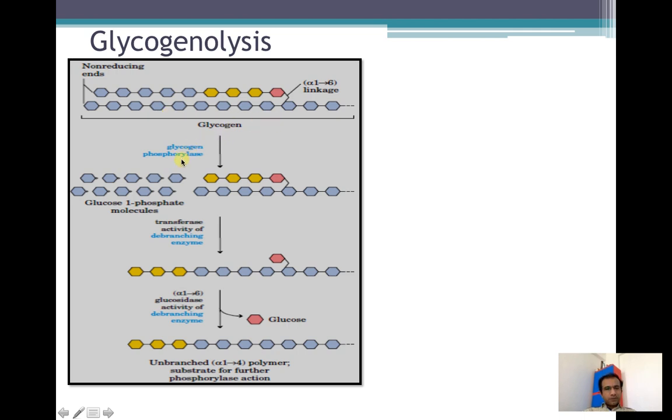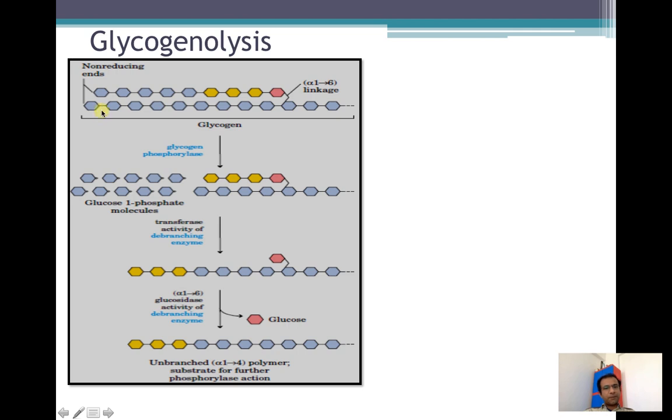Now glycogen phosphorylase will start to act. Where will it act? It will act on the free end of glycogen, on the chain form as well as on the branch. It will start with the end glucose molecule here and this one. It will cause breakage in the linkage of these two glucose molecules.